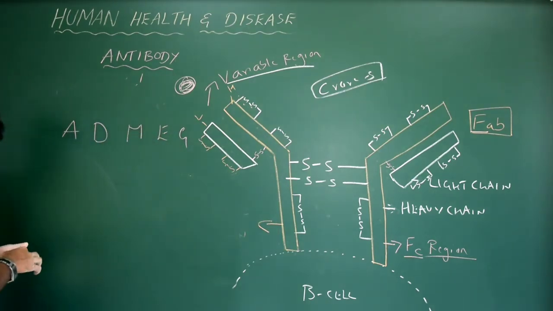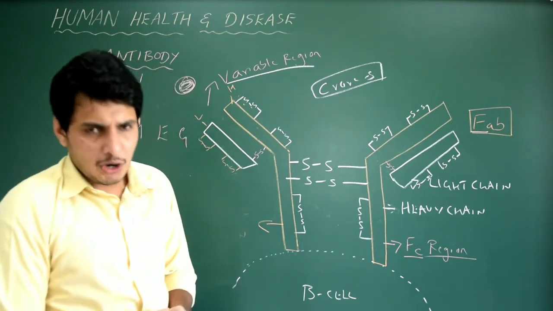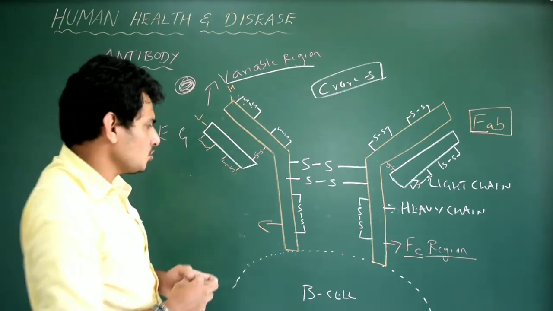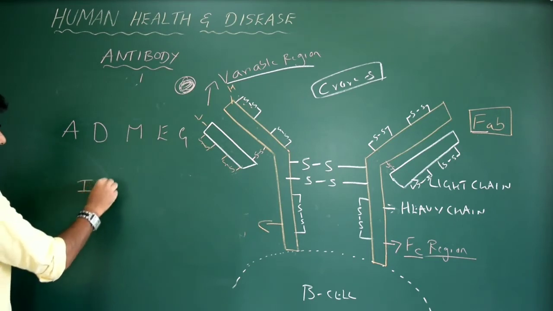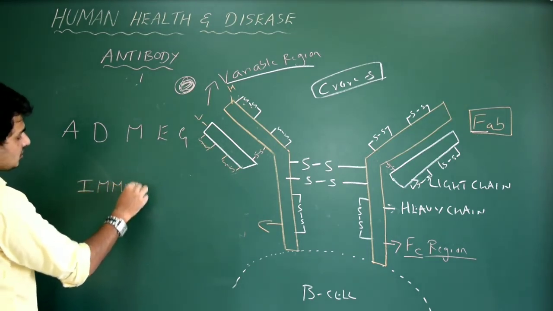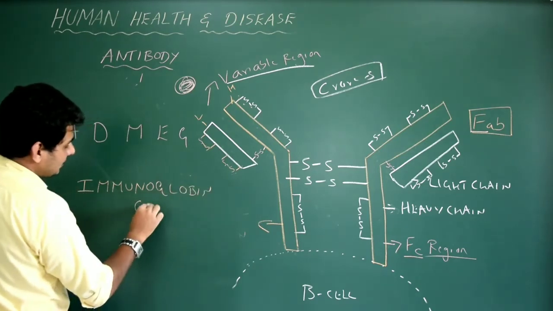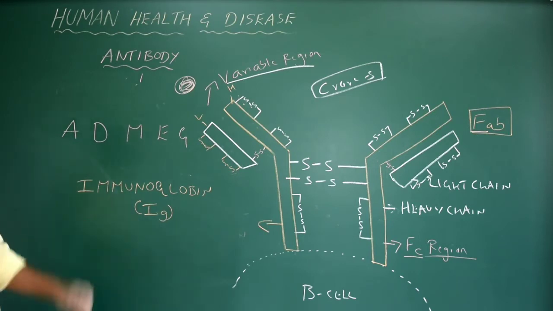Now, they are a specific type of protein called immunoglobulins. Hence antibody is also called immunoglobulin. The other name of antibody is immunoglobulin. In short, I can write this as capital letter I and small letter g, Ig, immunoglobulin.